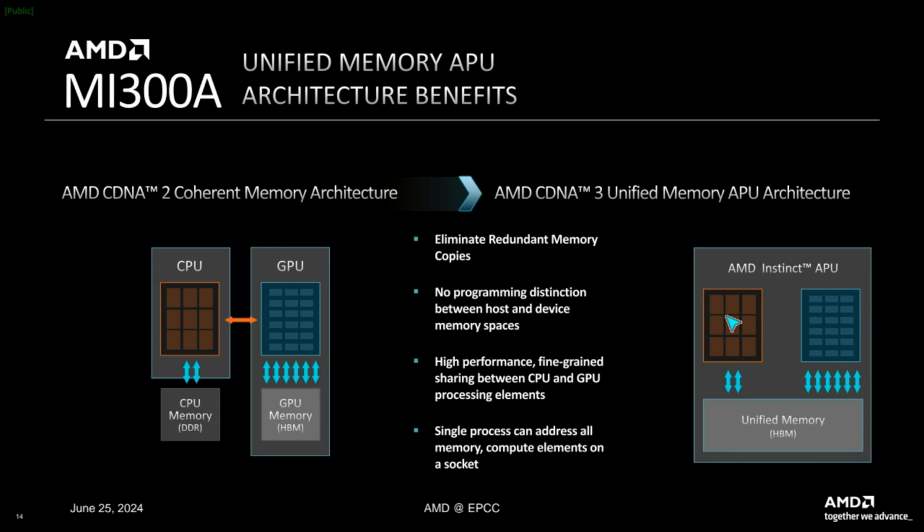You don't have to worry about who owns the latest version of the array, and you can switch between who is operating on the data. You can have small loops run on the CPU, larger loops on the GPU. So you have a lot of flexibility on the system.